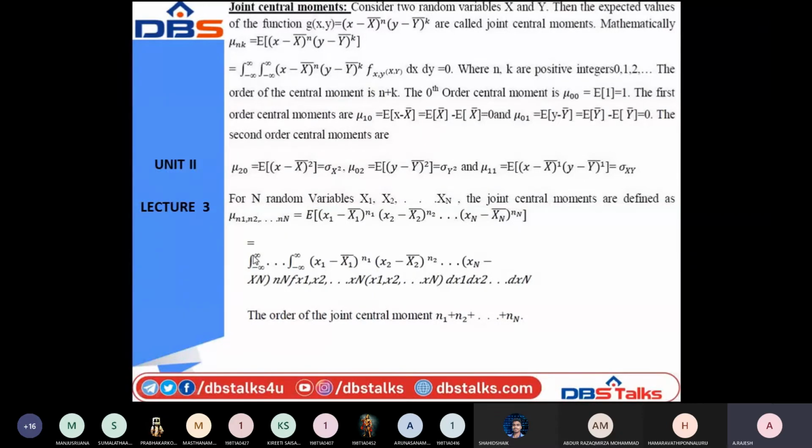It can also be written as an integral from minus infinity to infinity, n times. Why? Because we have taken n random variables, that's why we are integrating n times.